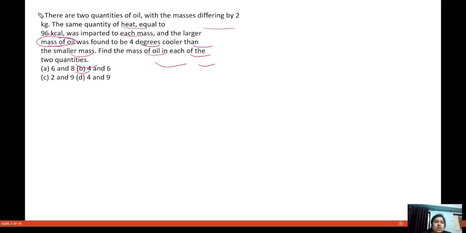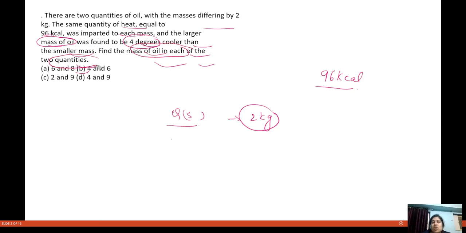Now listen students, what the question is saying: there are two quantities of oil with masses differing by 2 kg. So there is a 2 kg difference between the masses. The same quantity of heat equal to 96 kilocalorie was imparted to each mass. The larger mass of oil was found to be 4 degrees cooler than the smaller mass.